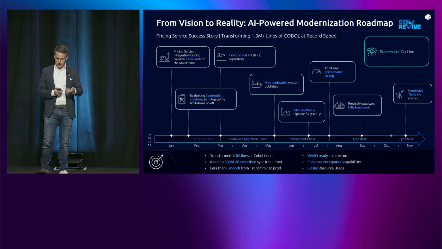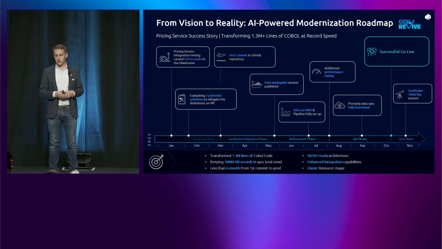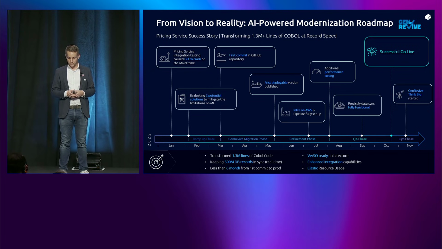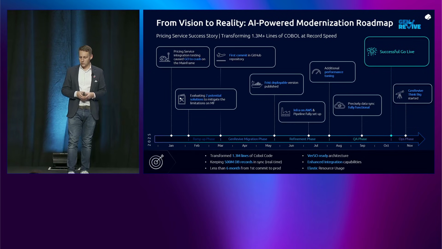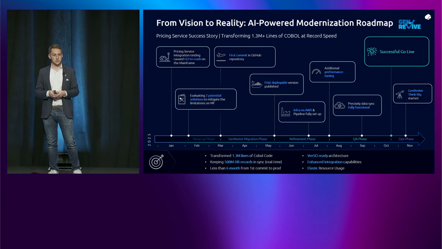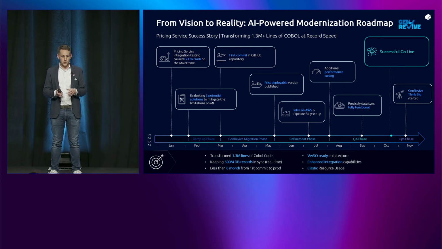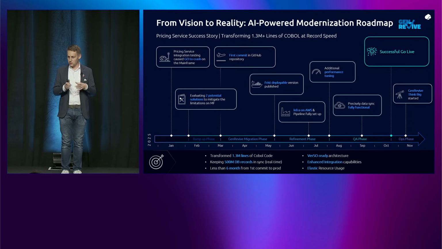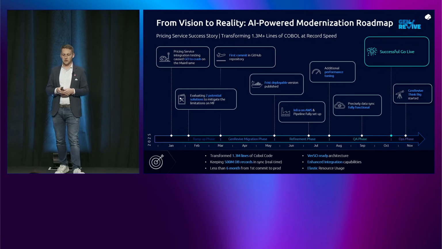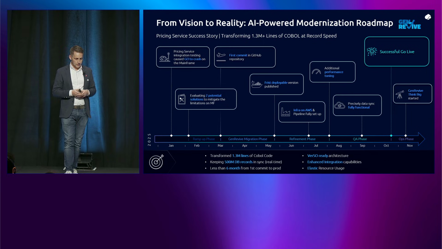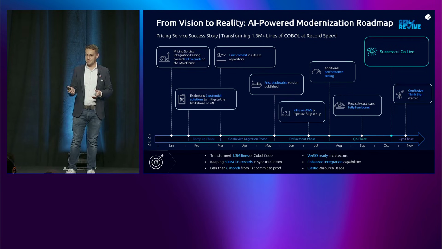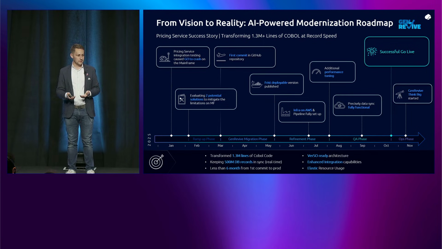But in March, if we look back, there was already the first commit into the GitHub repository, and not too much later, in May, we had the first deployable version. So in a very, very short time, we were able to transform the 1.3 million lines of code into a Java application.